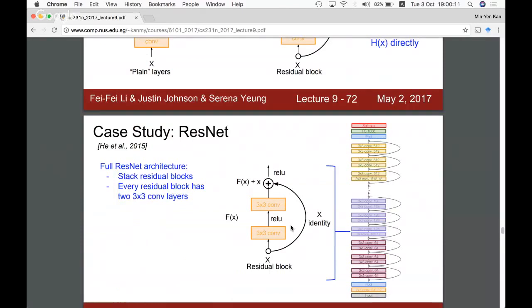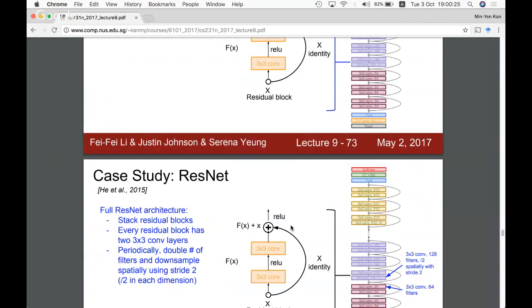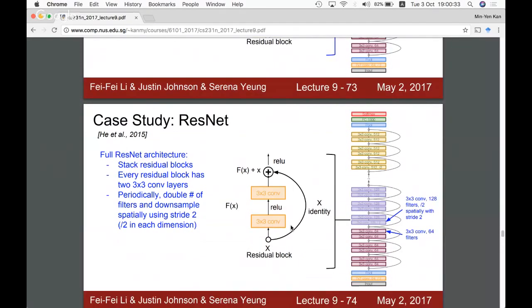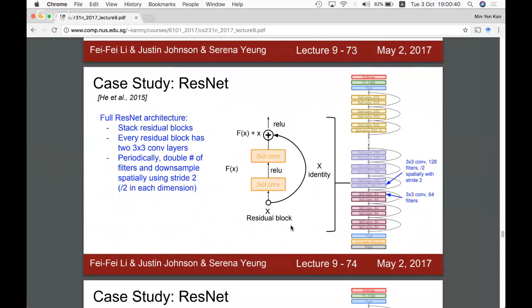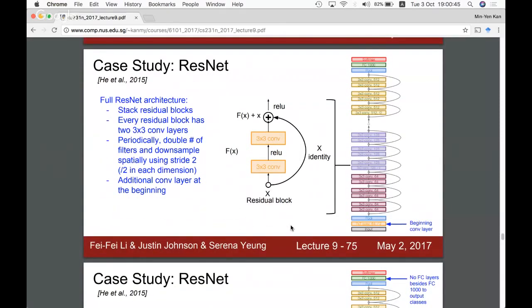The full ResNet architecture looks like this: first, they stack the residual blocks. Every residual block has around two 3x3 convolution layers, and after that they double the number of filters and downsample spatially using stride 2. They also add another convolution layer at the beginning.